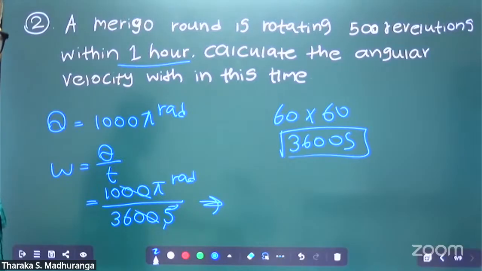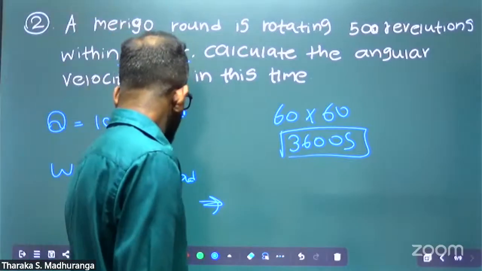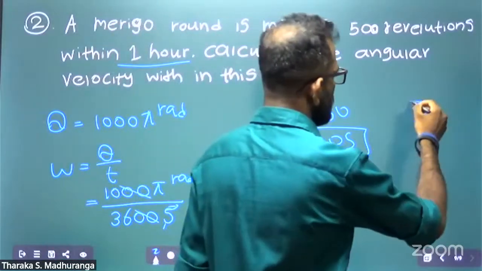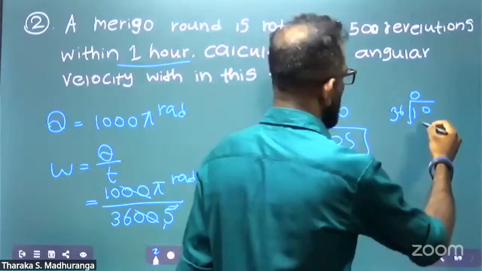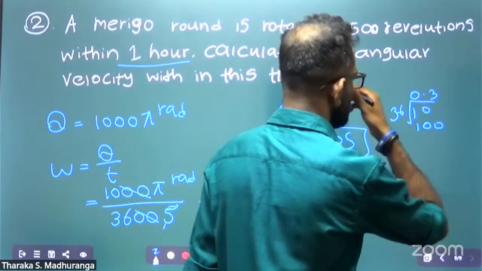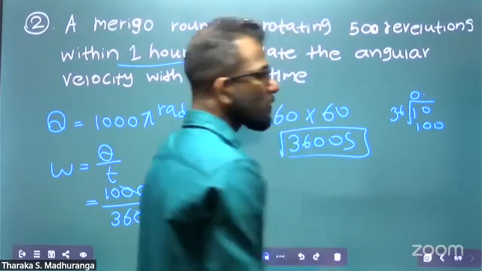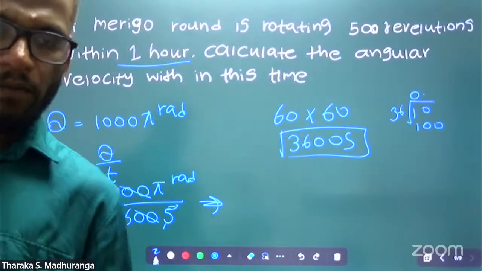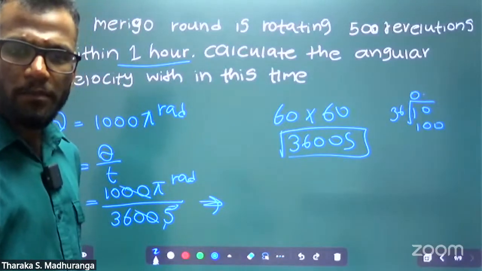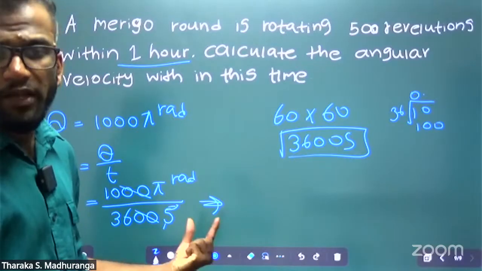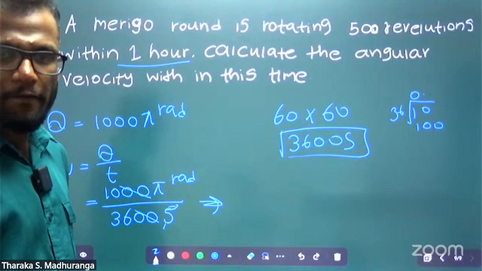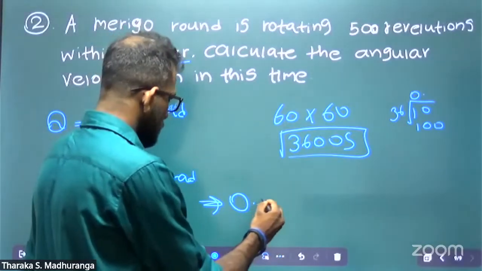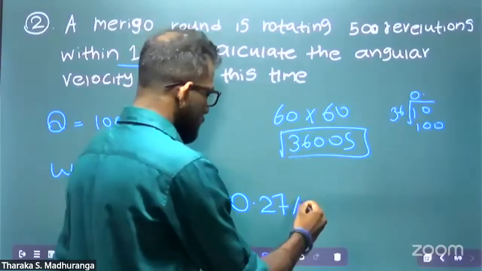What's the answer? 10 divided by 36. The answer is 0.27, right? 0.27π or 0.275π radians per second.